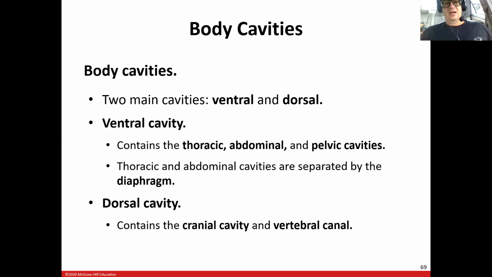The dorsal cavity has the cranial, that'd be the head, and the vertebral canal. It's also important to know that not all the organs are in one of these cavities. Your kidneys are retroperitoneal.